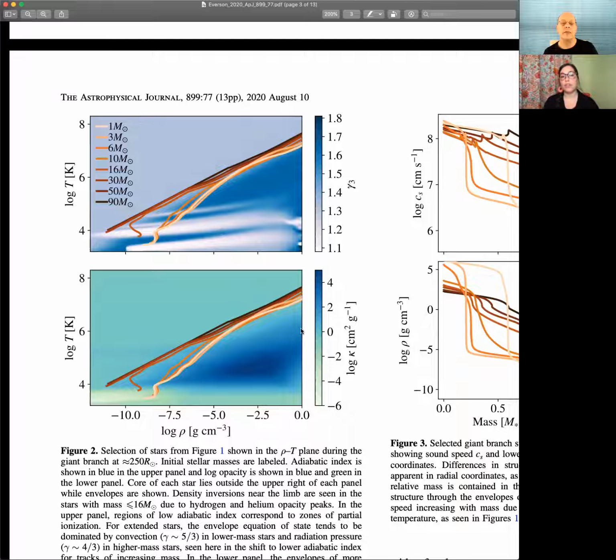The key takeaway from this plot is that we can see that these are not polytropic stars. We wanted to look at realistic stellar envelopes, and that's what we're getting. There are banded regions. Sometimes we get a mixture of radiative and convective bands. We see some density inversions and opacity bumps.